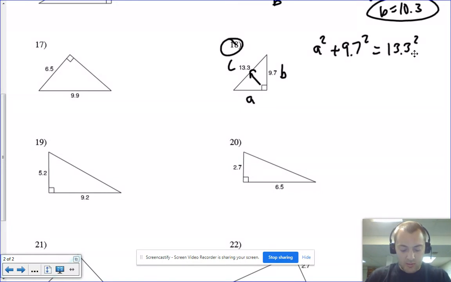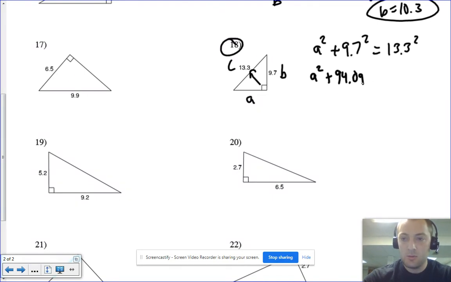9.7 squared on my calculator, because I don't know that by heart. So that's one thing I can simplify. So A squared plus 94.09 I got. And then 13.3 squared, I got 176.89.